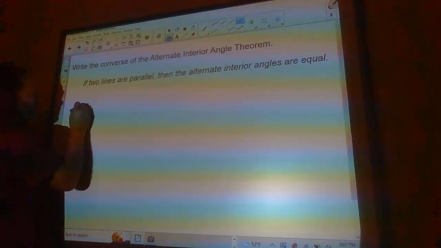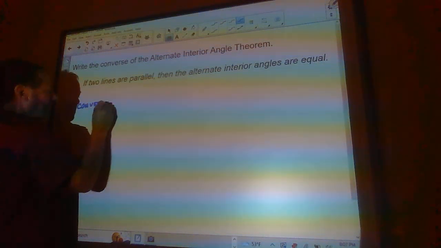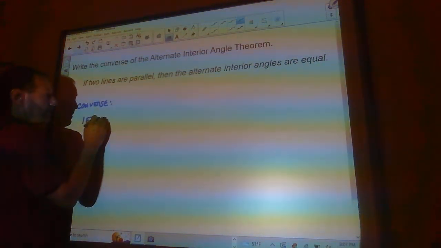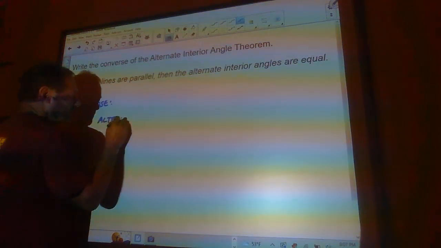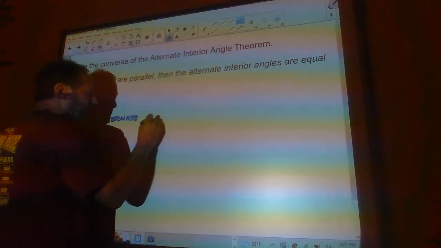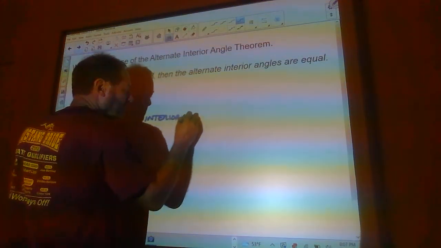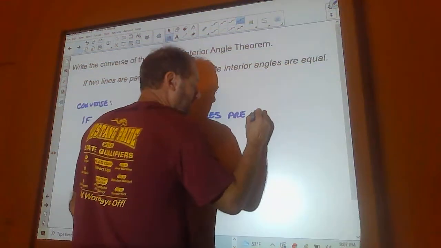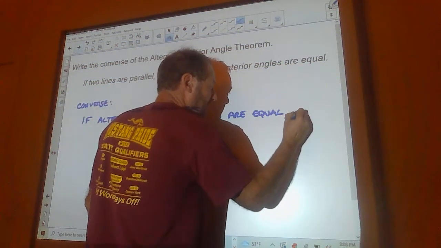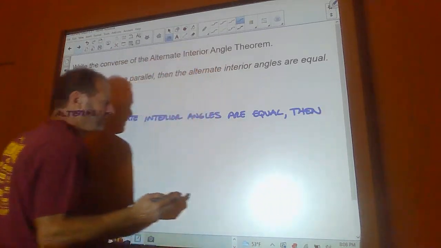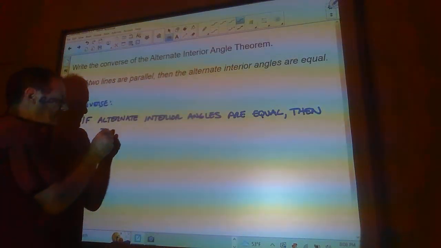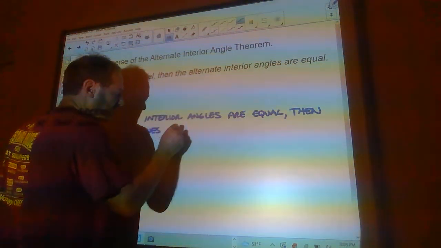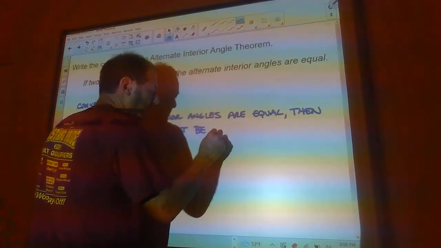Okay, the converse would be if alternate interior angles are equal, then the two lines must be parallel.